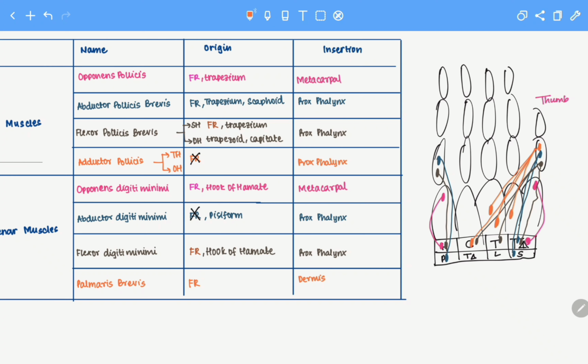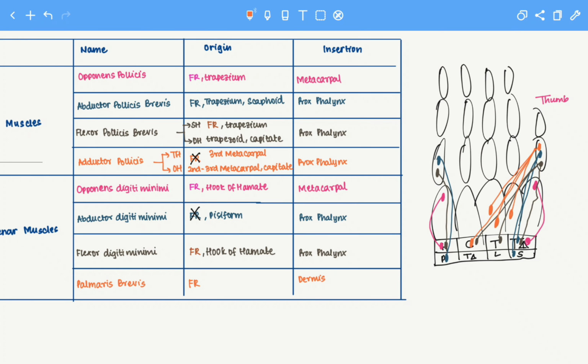So the transverse head is the third metacarpal, oblique head is second and third metacarpal, along with capitate.